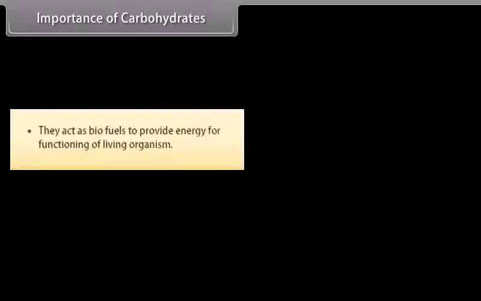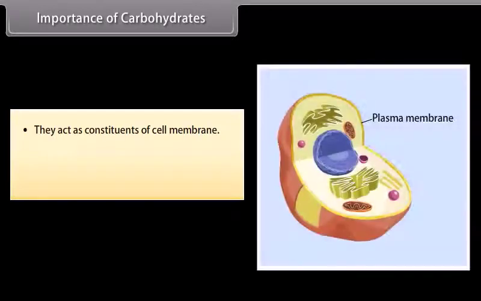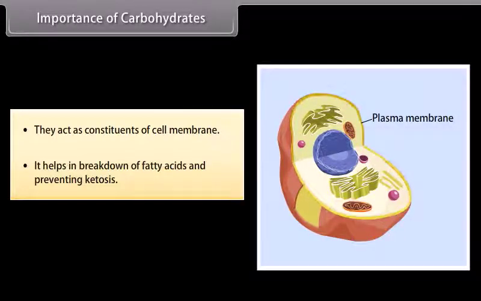Importance of carbohydrates. They act as biofuels to provide energy for functioning of living organisms. They act as constituents of cell membrane. They help in breakdown of fatty acids and prevent ketosis.